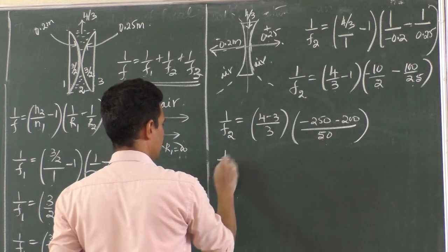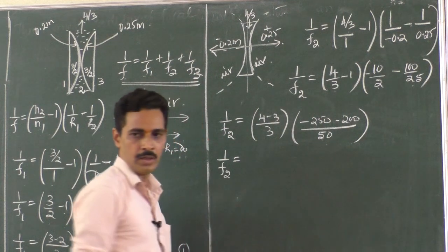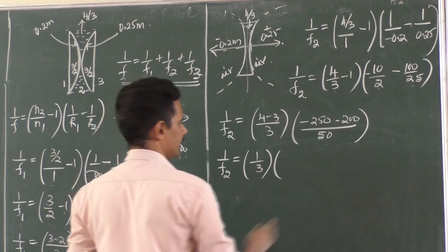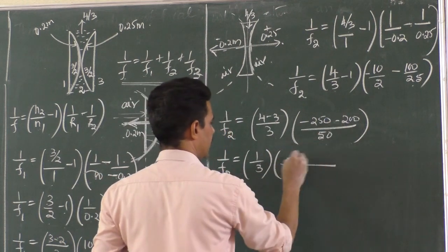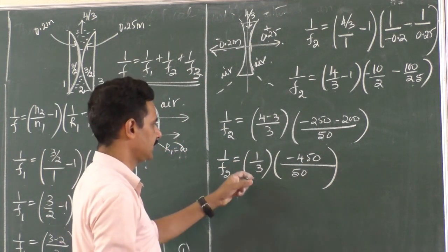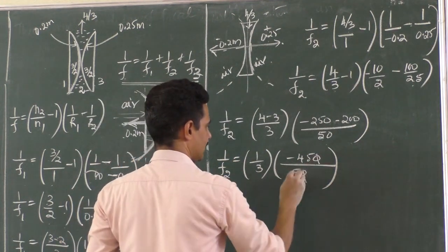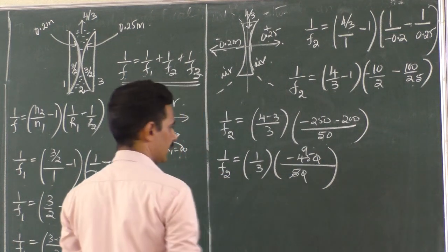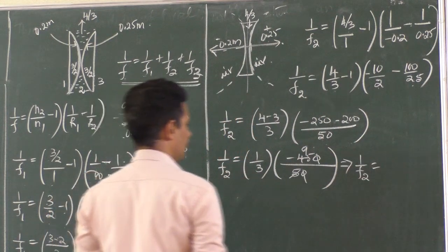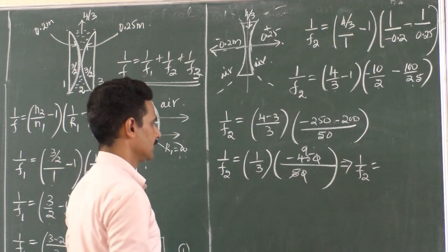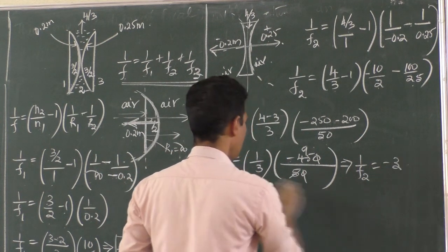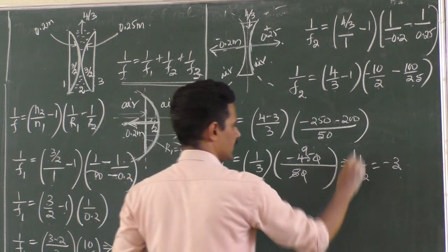What is the answer? 1 by f2 is equal to 1 by 3, times 50 into minus 450 over 50, the 0s cancel, 5 nines. So 1 by f2 is equal to minus 9 by 3, that is minus 3.